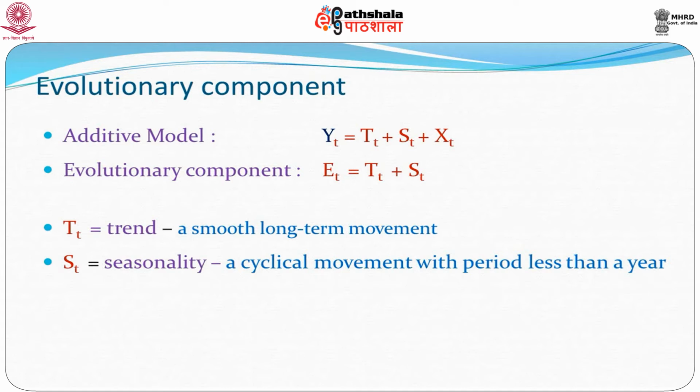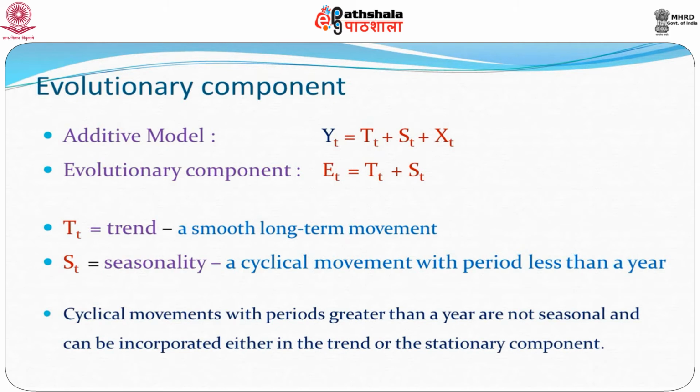But then if you look at the monthly data of sales for this same shop, what you see is that in particular months of the year, the sales are high, particularly during the festive seasons, and then the sales are low in certain other months. These sorts of movements are referred to as seasonality in time series.